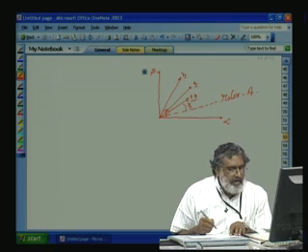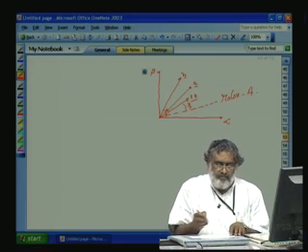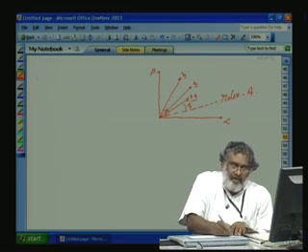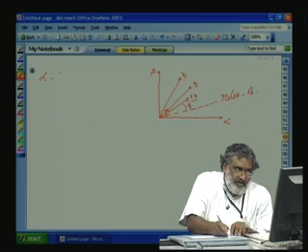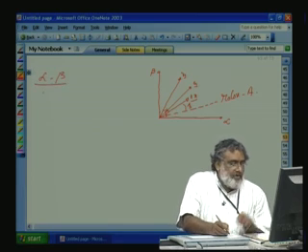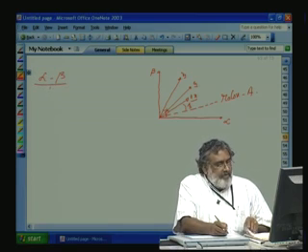So, the equations we derived, we will write again with reference to alpha beta. We will repeat the equation.